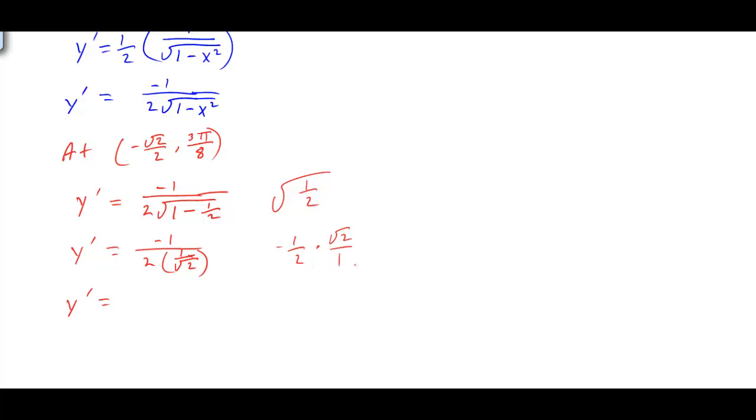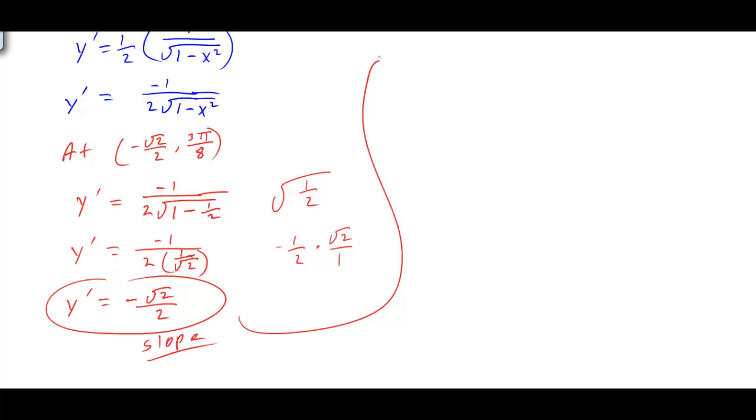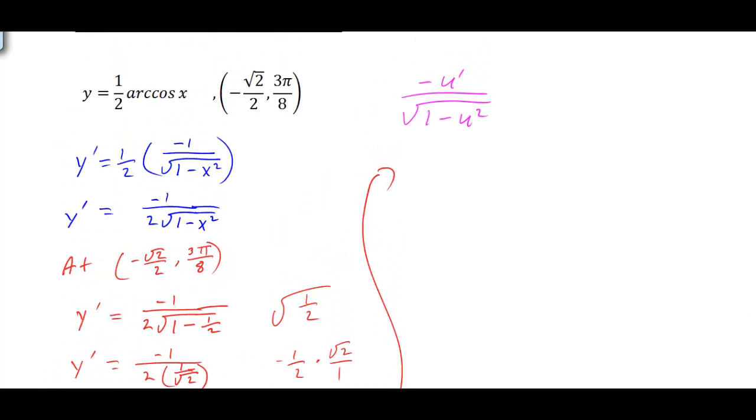So the ones cancel, and we're left with negative square root of 2 over 2. And this right here is going to be our slope. So now we're going to use this slope, and we'll go back up here. Our slope here is negative square root of 2 over 2. Okay, so here's our slope.